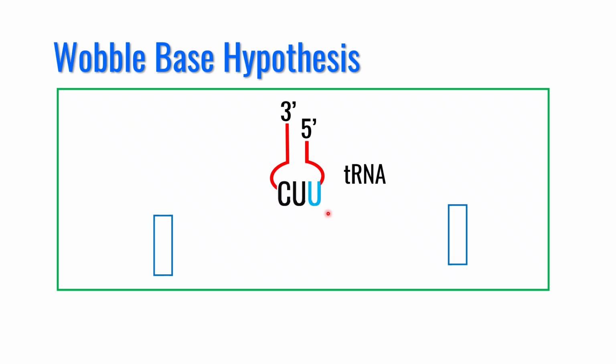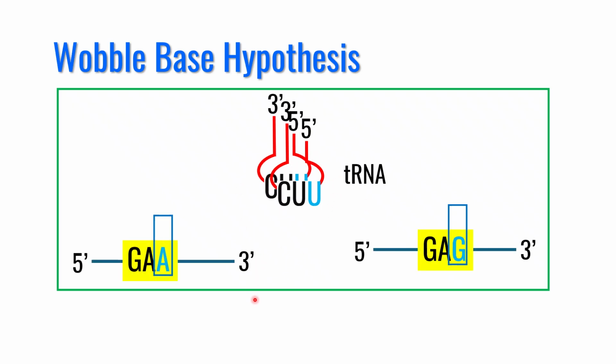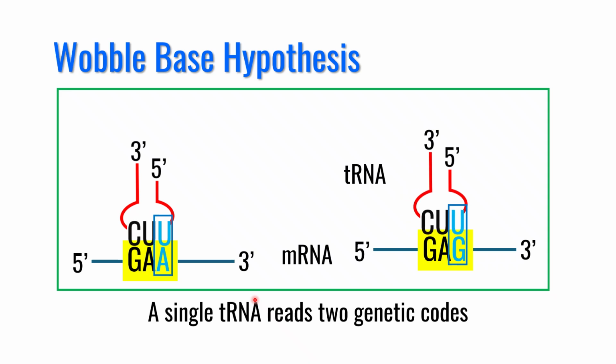However, if you have U as the first base in tRNA anticodon, this will bind with A or with G at the third position of the genetic code. UA is a normal base pairing, whereas UG is abnormal base pairing, wobble base pairing, and this flexibility allows a single tRNA to read two genetic codes.